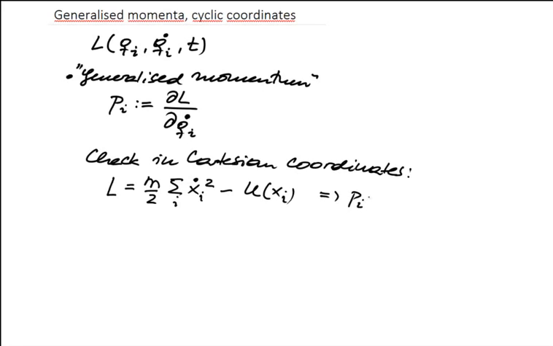And then we can consider this generalized momentum, the partial derivative of L with respect to x_i dot. You see there's no contribution coming from the potential energy because that depends on position only. We just have a contribution from the kinetic energy. The derivative of x_i dot squared is 2 x_i dot, and the 2 cancels, and what remains is mass times x_i dot.